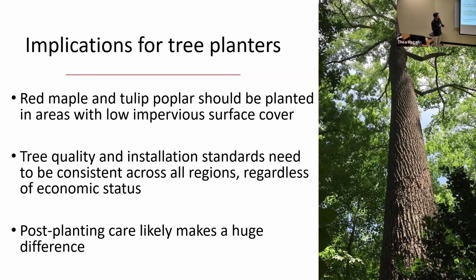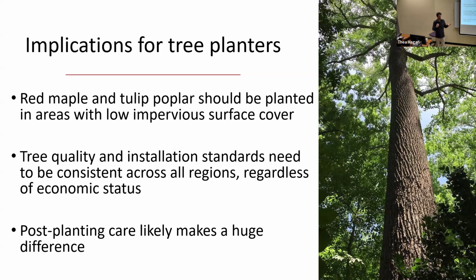But I would say so far what we're seeing is that tulip tree and red maple should be really planted in areas that have low impervious surface area. We've known that for red maples for a long time. But tulip poplar is another one that should be considered in that. We also need to make sure that quality control and installation standards are consistent across economic well-being levels.